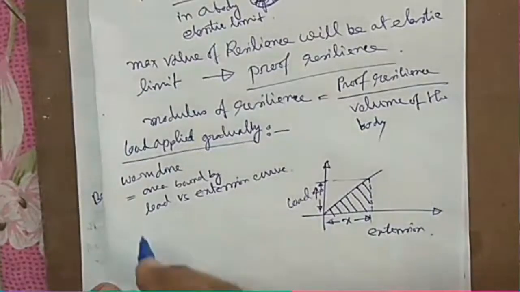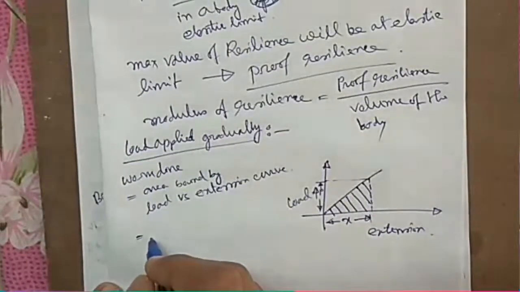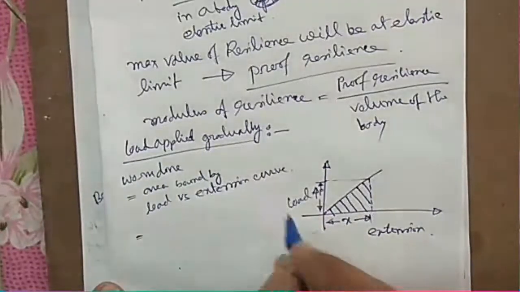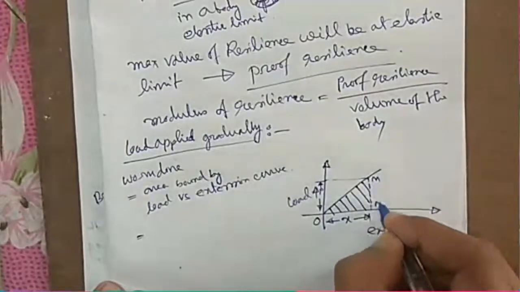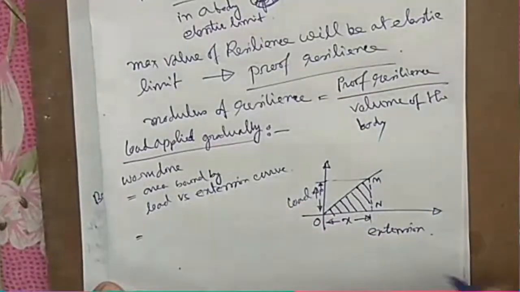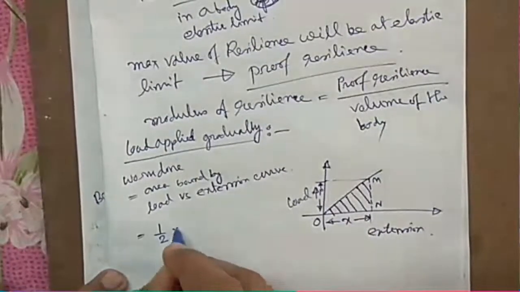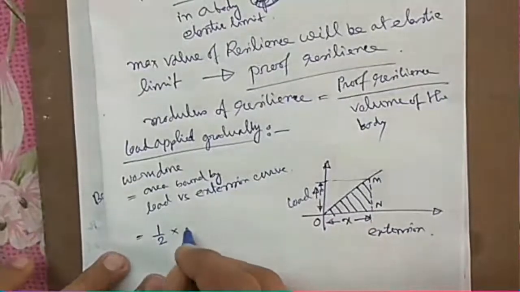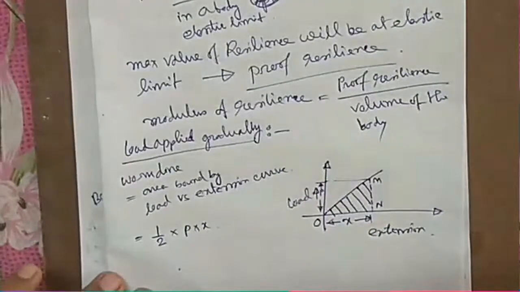So the work done will be the area of this triangle. If we name them O, M, N, the area will be half into ON into MN, or half into P into X.